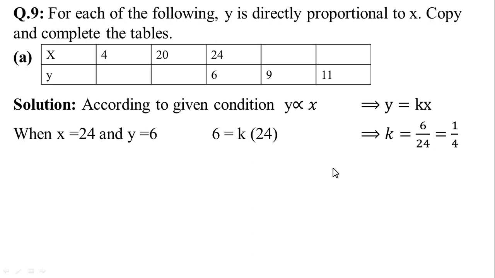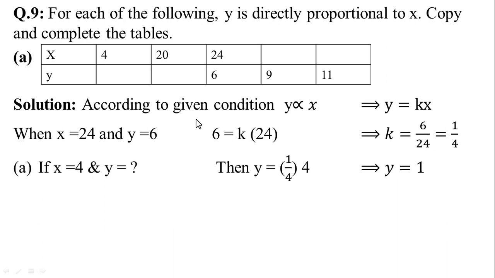Now we will find the remaining values. In the first part, x is equal to 4, y is equal to question mark. Then x is equal to 4, we can find the value of y. Putting in the given relation, y is equal to the value of k, 1 upon 4, multiplied by the value of x, 4. 4 is cancelled out by 4.